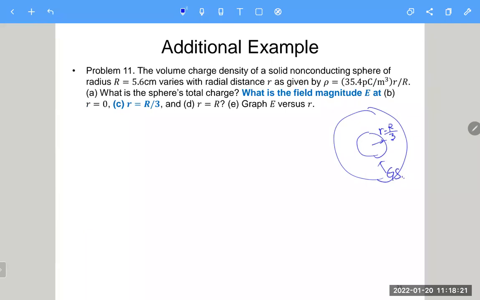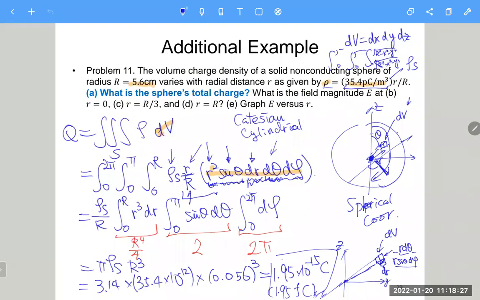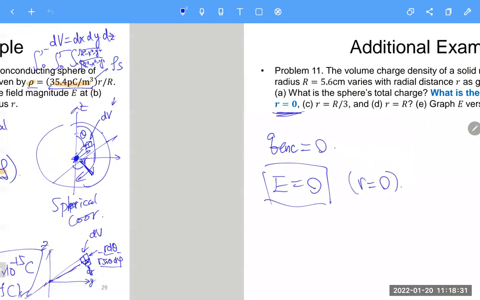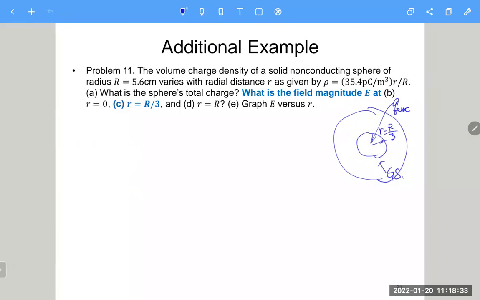Actually we need to find the Q enclosed in this part rather than the capital Q. Capital Q is the total charge on the whole sphere, and here we need to consider the Q enclosed within the sphere with radius capital R over 3.